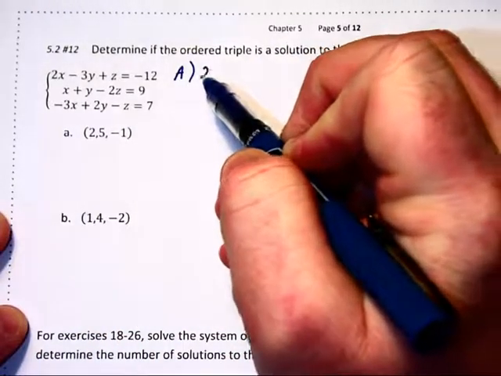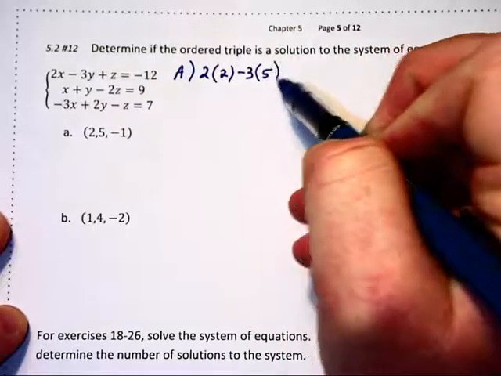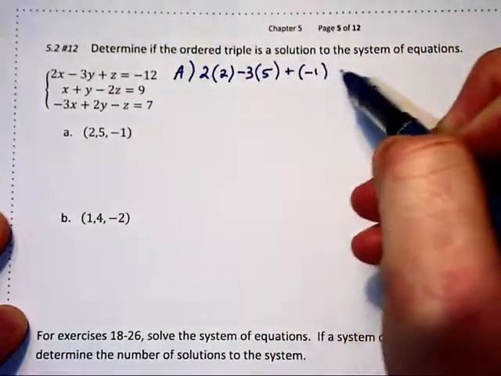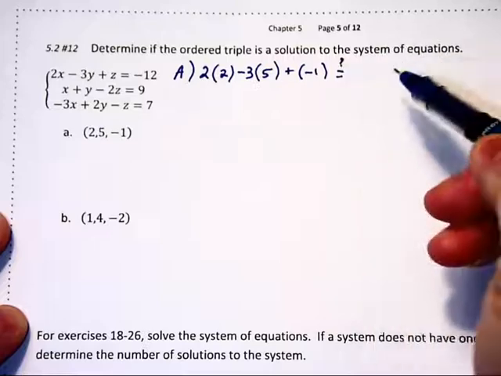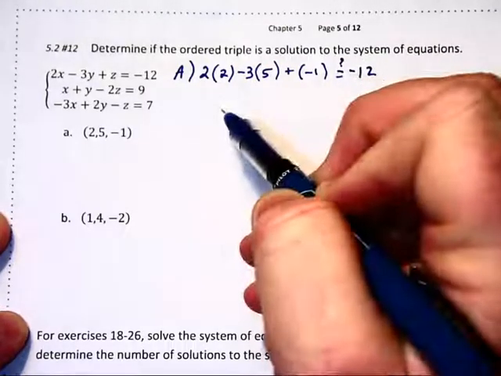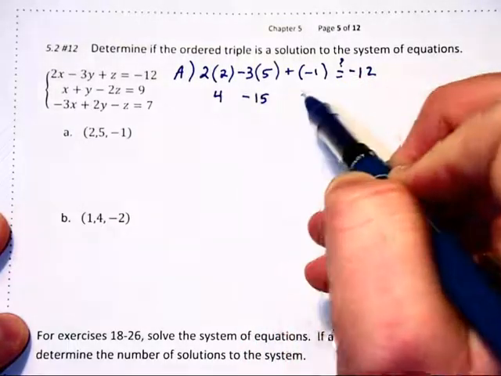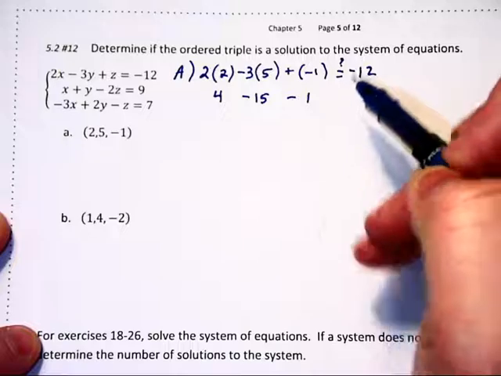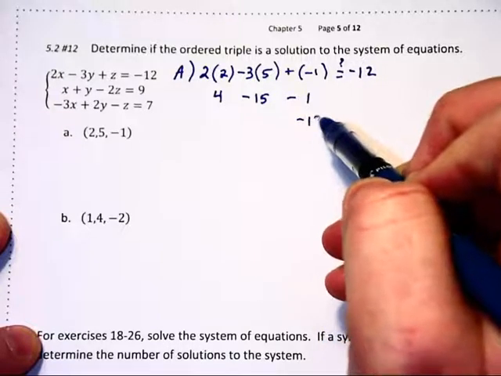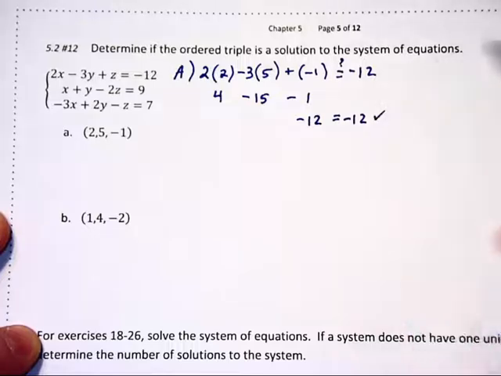In other words, is 2 times 2 minus 3 times 5 plus -1 equal to -12? Well, we find out that we have 4 minus 15 minus 1, which is -12 on the left, which is equal to -12, so it works in the first of the three equations.